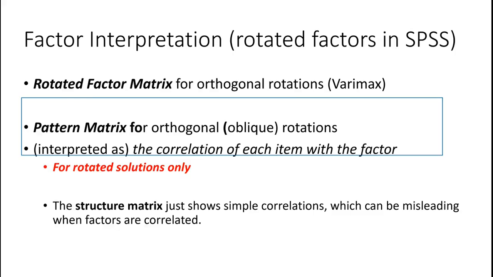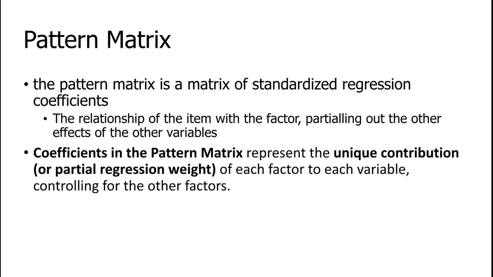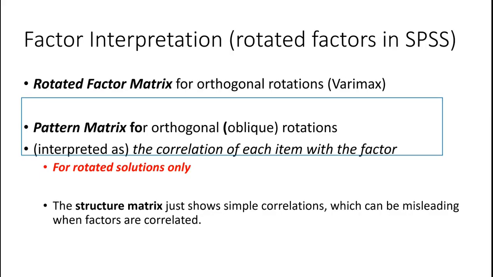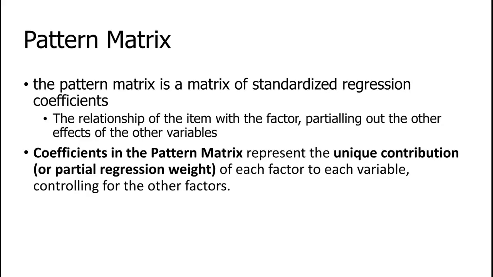Because this is a non-orthogonal solution, and therefore we're allowing the factors to be correlated with each other, what we're attempting to do, in our extraction and the techniques we used subsequently, i.e. the rotation, is maximize the correlation of an individual item with a single factor and minimize the correlation of that item with the other factor or factors in the factor model.